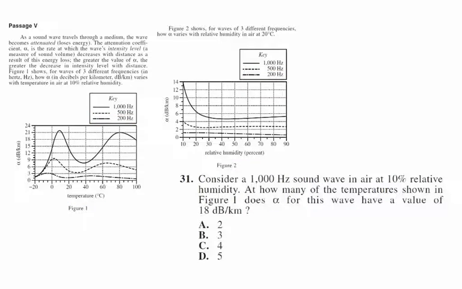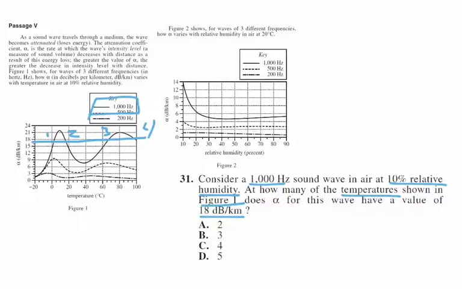Question 31. Consider a 1000 hertz sound wave at 10% relative humidity. How many temperatures shown in figure 1 does the coefficient have a value of 18? So the 1000 hertz is the straight line, this one. And 18 is right here. And so it has 1, 2, 3, 4 where the lines cross.